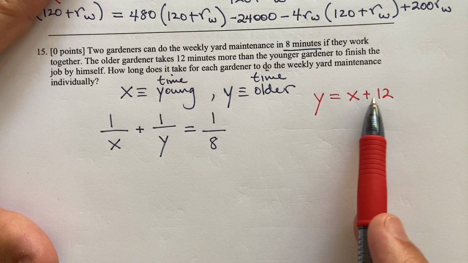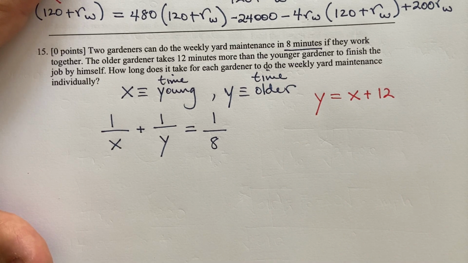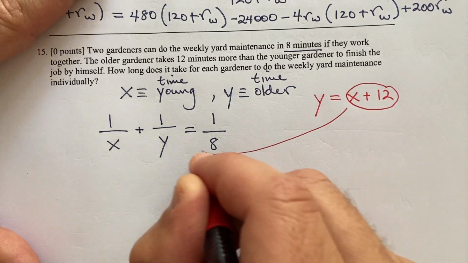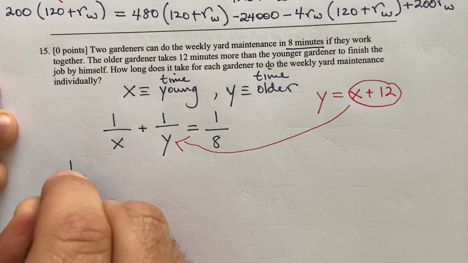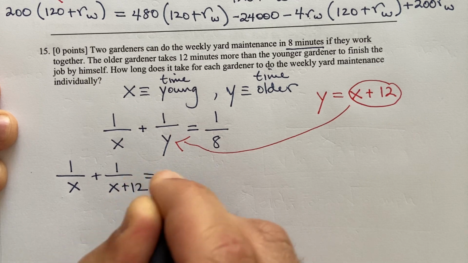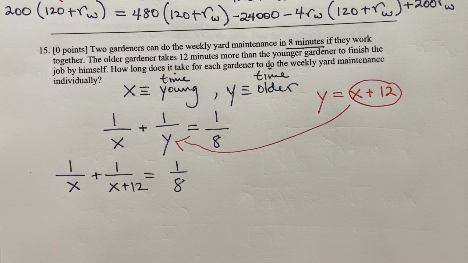If I add 12 to the younger person, then I get the amount of time for the older person. So I can now take this and replace y with it. So 1 over x plus 1 over x plus 12 equals 1 over 8. Clearing the fractions is your next move.